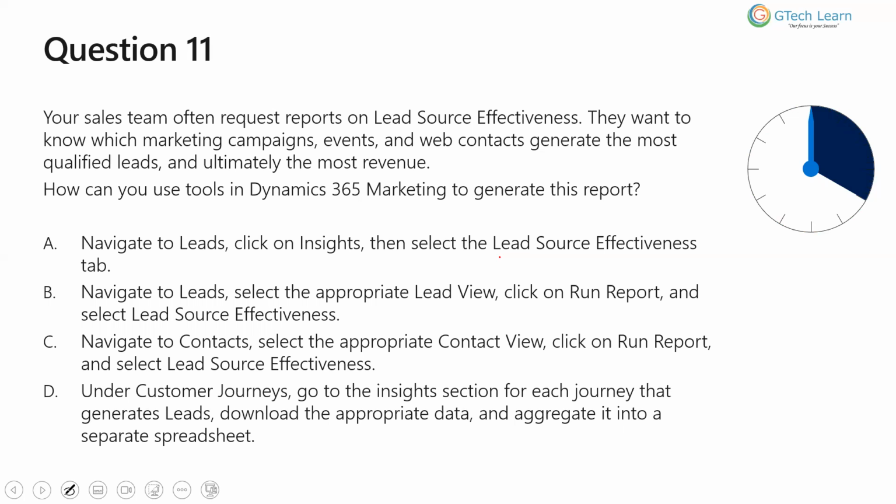Option B, navigate to leads, select the appropriate lead view, click on run report, and select lead source effectiveness. Option C, navigate to contacts, select the appropriate contact view, click on run report, and select lead source effectiveness. Or option D, under customer journey, go to the insights section for each journey that generates leads, download the appropriate data, and aggregate it into a separate spreadsheet. Your answers in the chat, guys, and let me start a timer now.